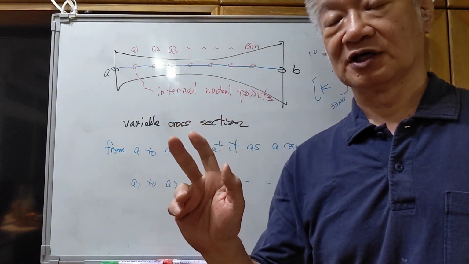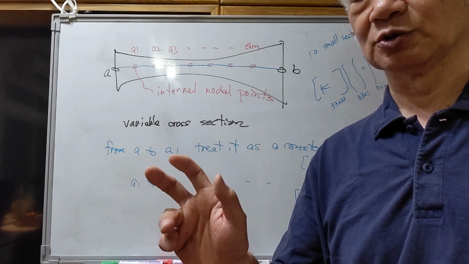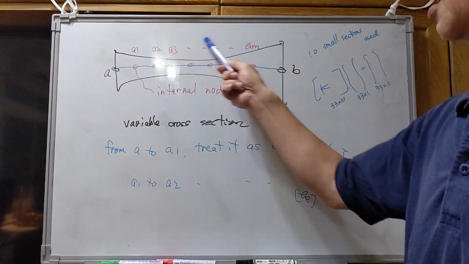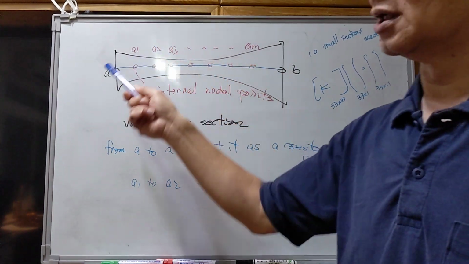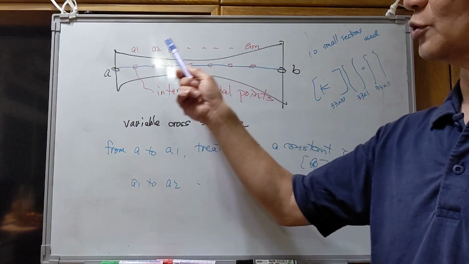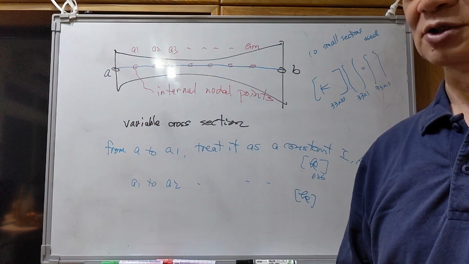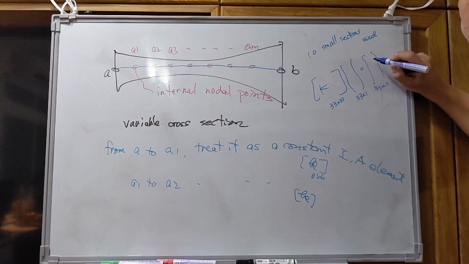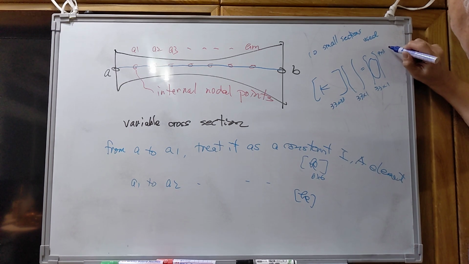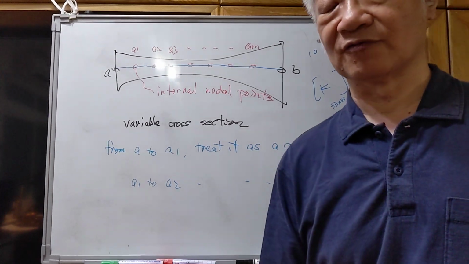Remember, when we derive the element stiffness matrix, we neglect any member loadings. So we do not have any external loads applied to the internal 9 nodal points. For all these 9 internal nodal points, the applied loadings are equal to zeros. So totally here it will be 9 times 3, which is 27 degrees of freedom.